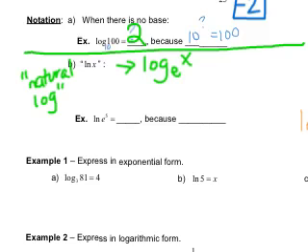So in my example that I have right here, I have ln e to the 5th. And this e right here, that's the text, or the regular, that's like the x right here. It's the same size. You're not seeing the base here. There's no base written, but we know that there is a base of e right there. So we're saying ln, invisible base e, of e to the 5th equals what?